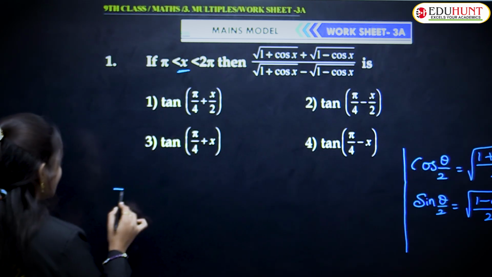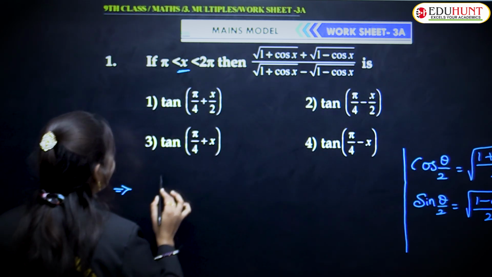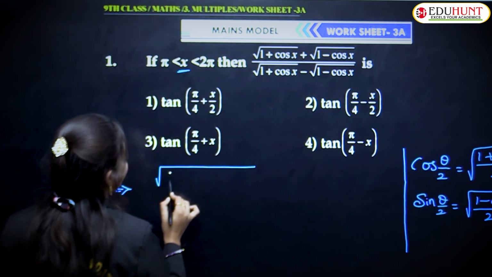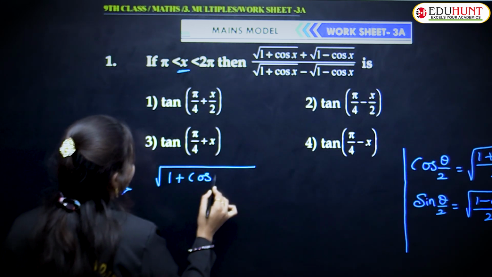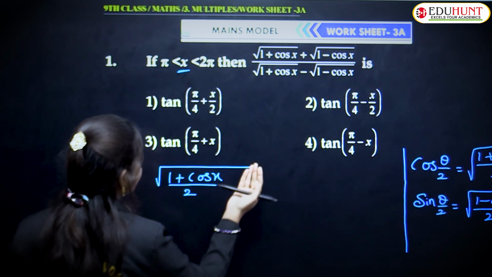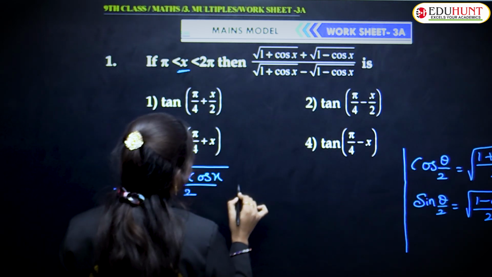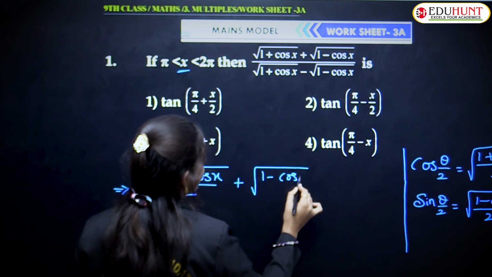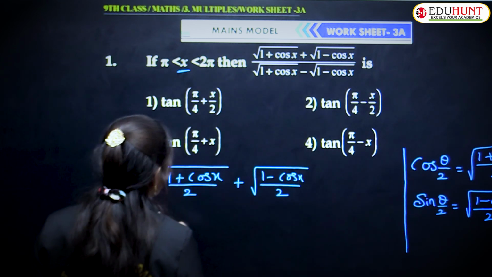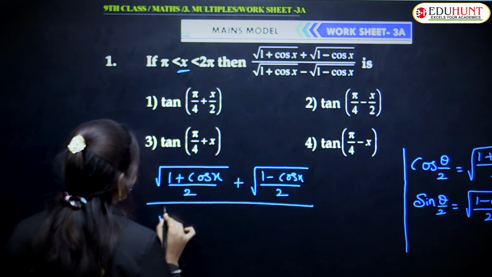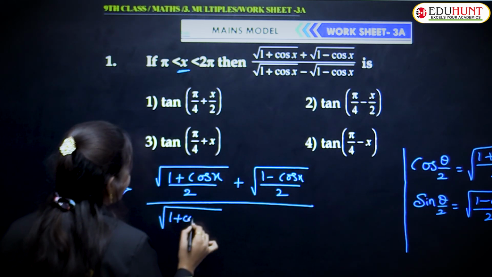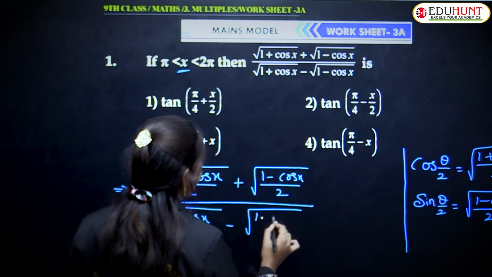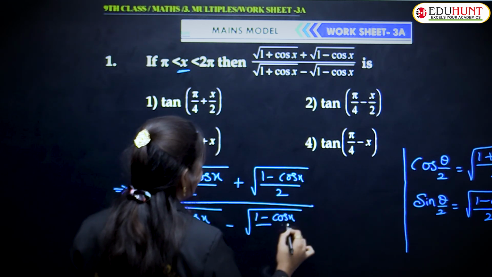So we can write this by dividing both numerator and denominator by 2. So we can write that as square root of 1 plus cos x by 2 plus square root of 1 minus cos x by 2, whole by square root of 1 plus cos x by 2 minus square root of 1 minus cos x by 2.